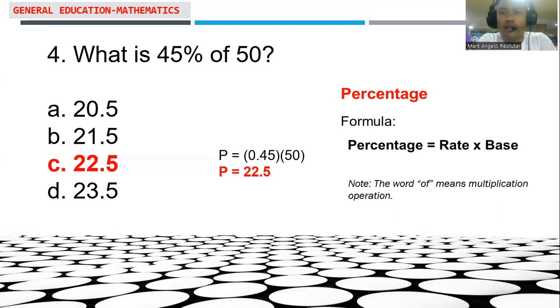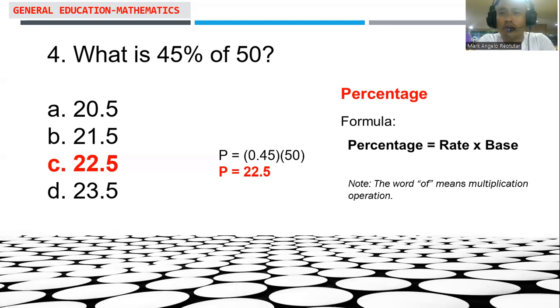Now, we have an idea here that we may consider in order to solve this problem. Now, take note that the word of means multiplication operation. So in this particular case, it's just like it is telling that we are multiplying 45% to 50 so that we can answer the problem.